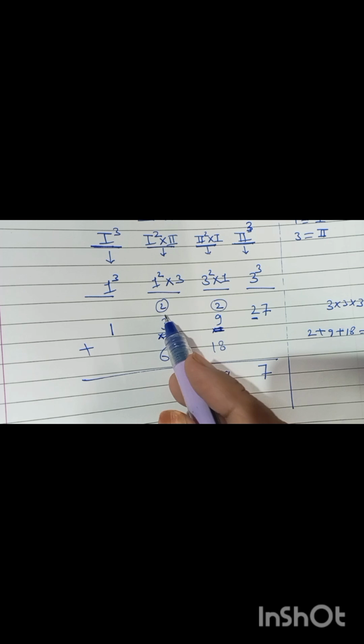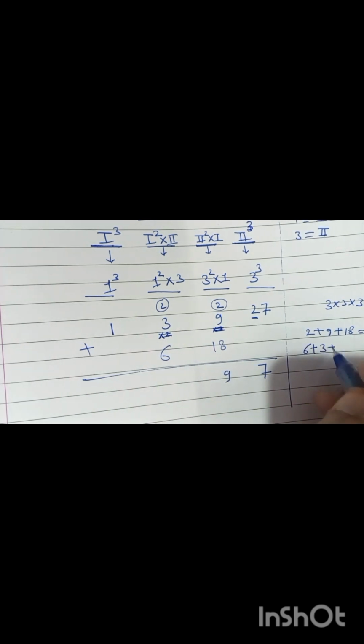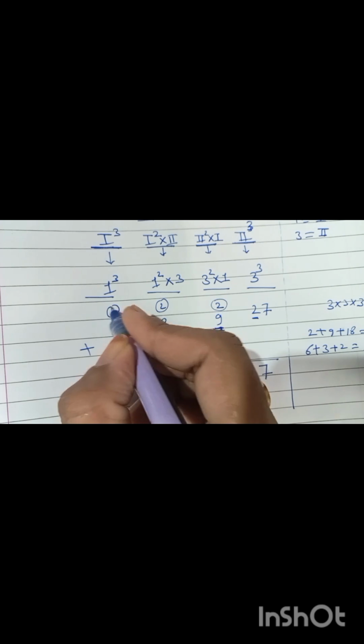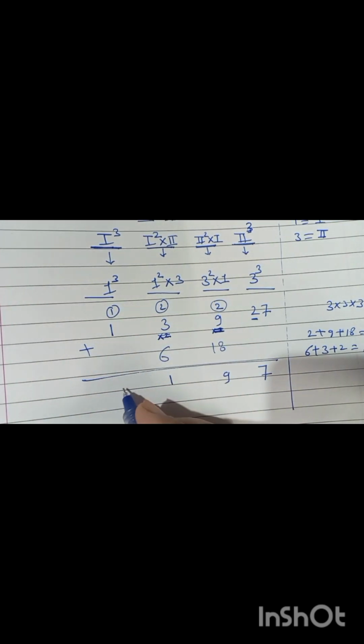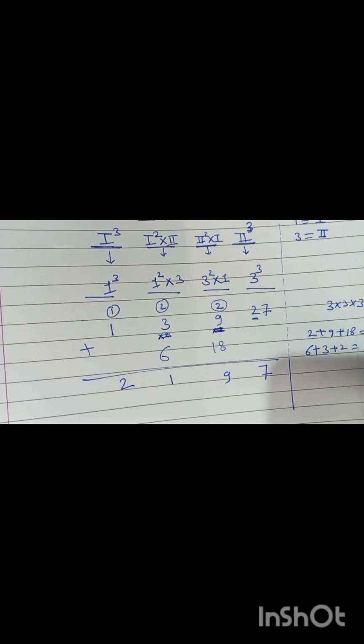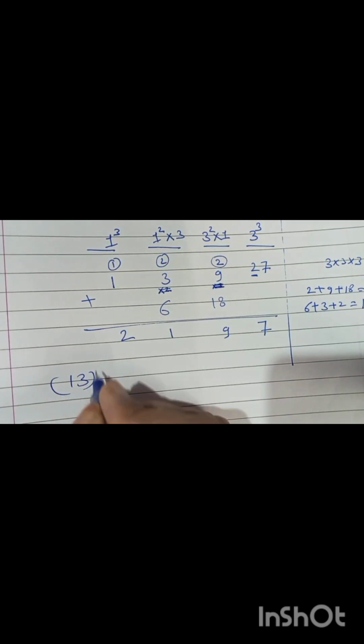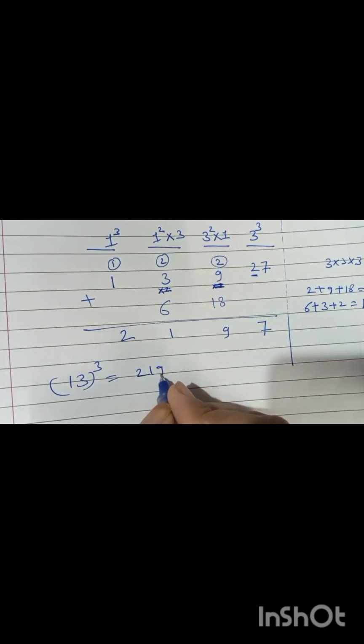Now 6 plus 3 plus 2 is 11. So I will write only 1 and 1 will be carried. So 1 plus 1 is 2. So this is the cube of 13. 13 cube is equal to 2197.